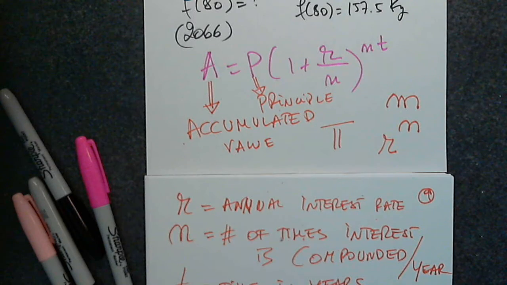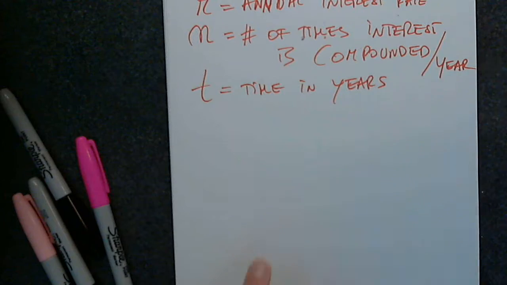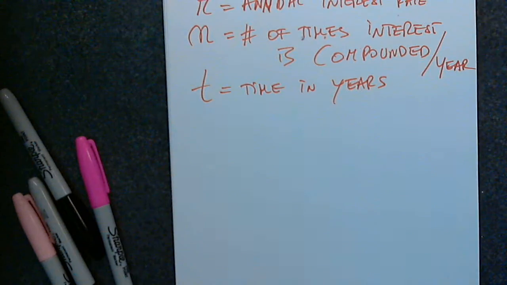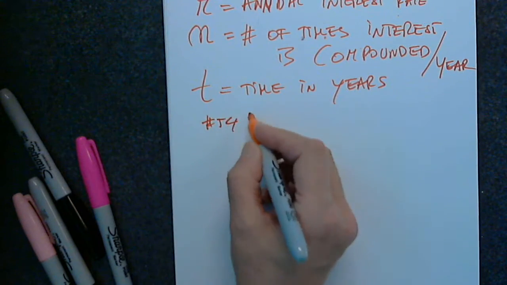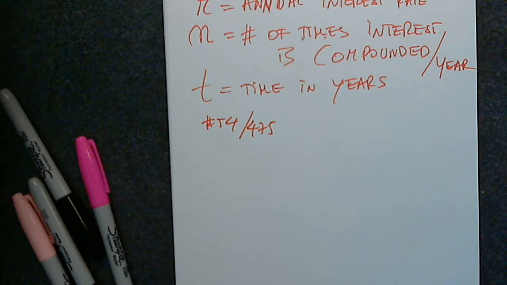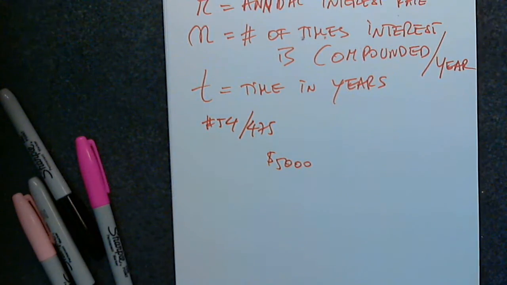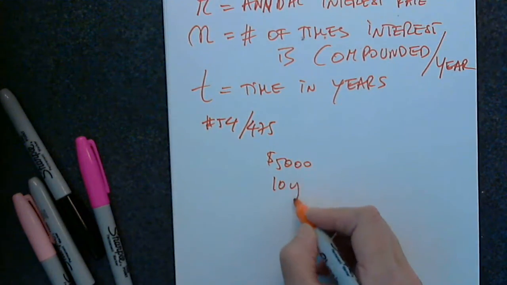Find the accumulated value of an investment of, I'm going to copy the numbers, and you tell me which one is what in a second. That's problem 54 on page 475. Find the accumulated value of an investment of 5,000 for 10 years.